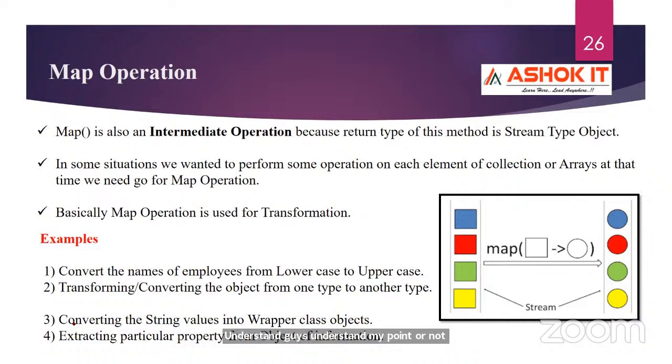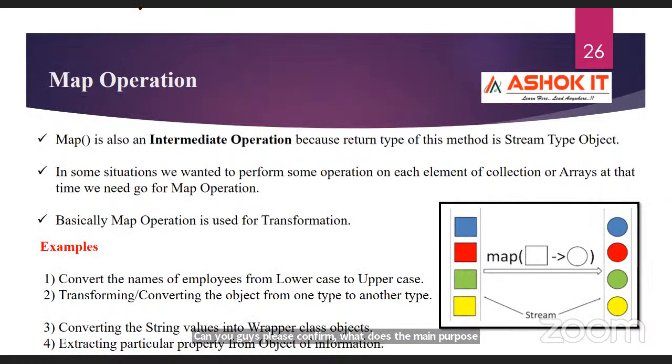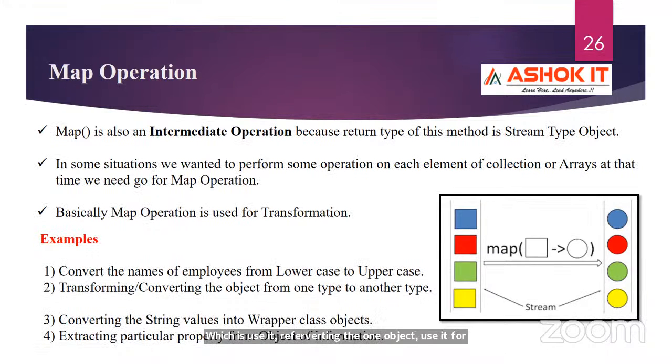So what is the main purpose of the map operation? Can you please confirm? It is used for transforming the data from one object to another object.